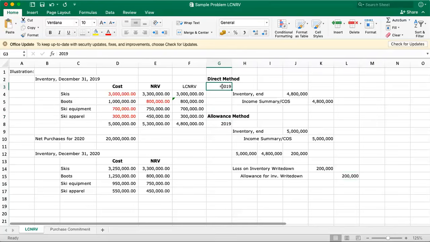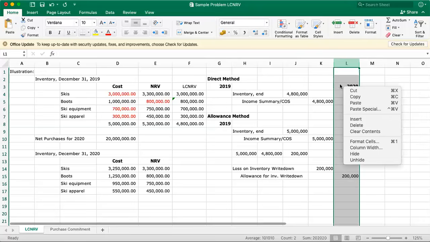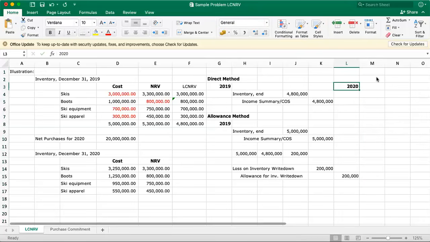This is for 2019. How about 2020? This is the transaction for 2020. First, you have the net purchases, so we debit purchases, on account basis, then we credit accounts payable.